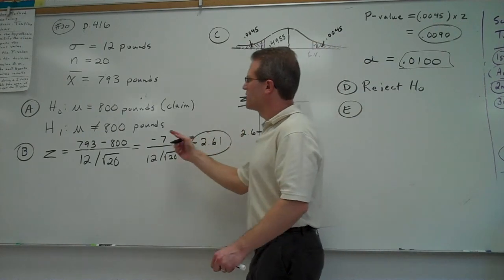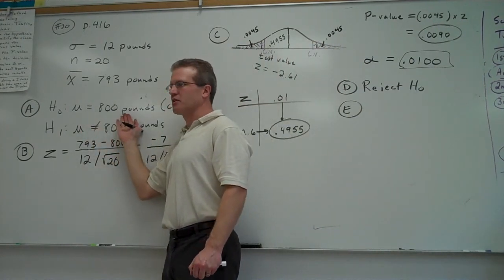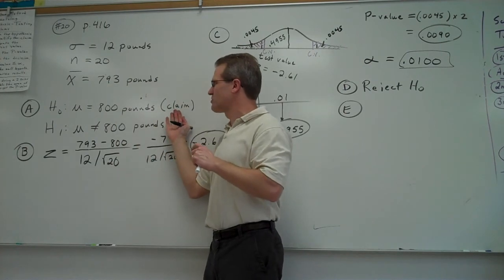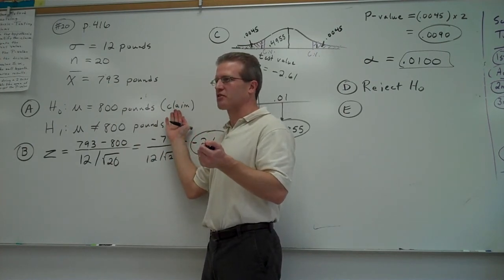So we look up over here. If we're rejecting the null, that means we think it's false. Okay. So since the claim is the null, we'd also be rejecting the claim.